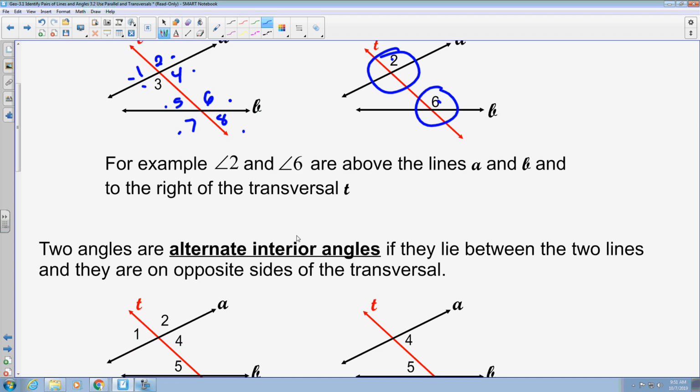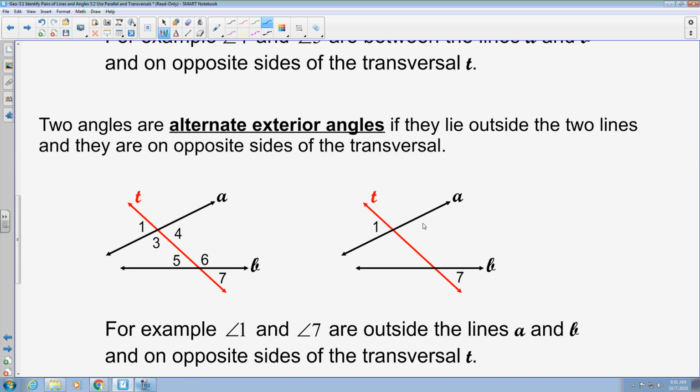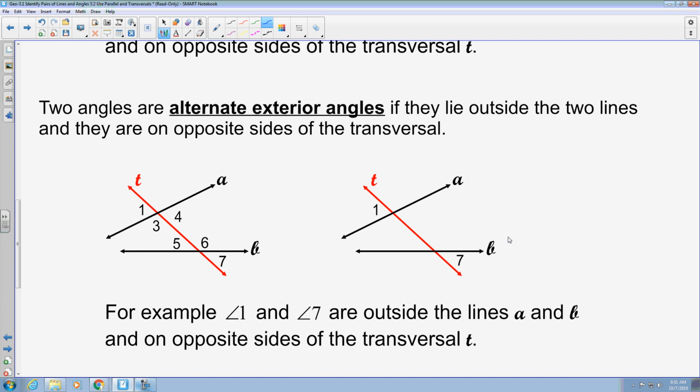Alternating interior angles are where, if you look at how they're shaped by the transversal, they're inside, but they're also on opposite sides of the transversal. That's why they're alternating interior angles, and we can say that 4 and 5 are alternating interior angles. Alternating exterior angles are on the outside of the transversal and they're on opposite ends. So 1 and 7 are examples of alternating exterior angles.